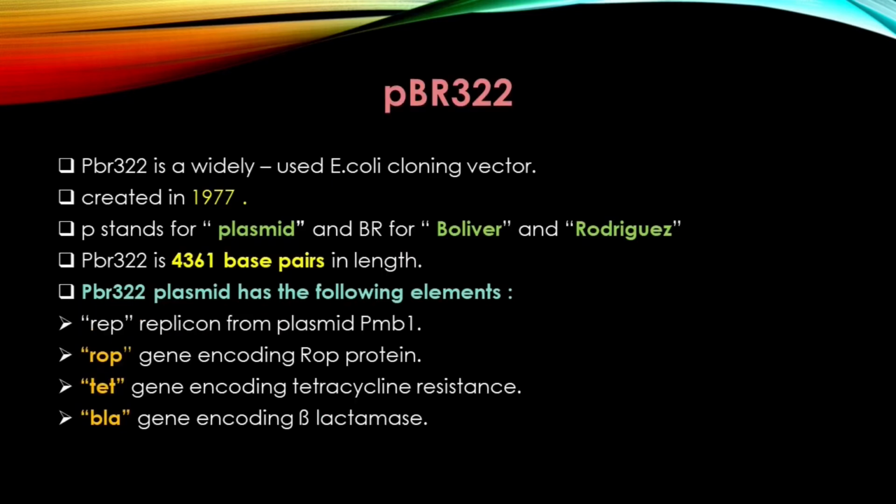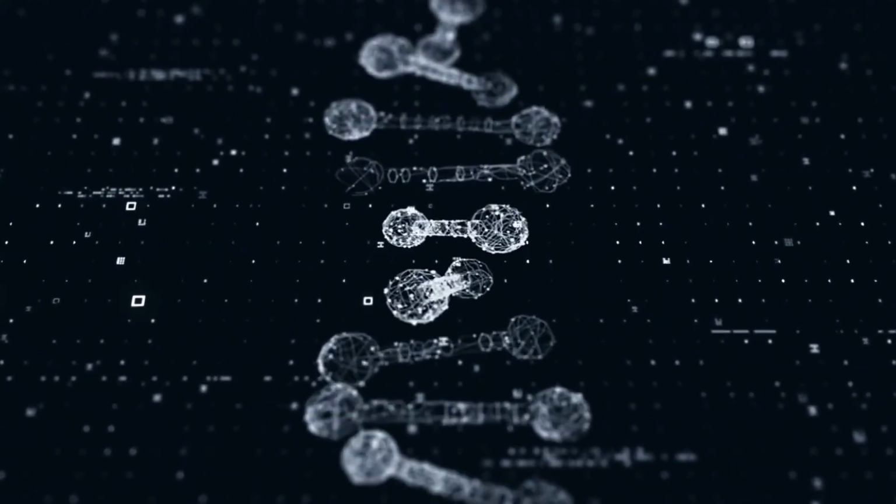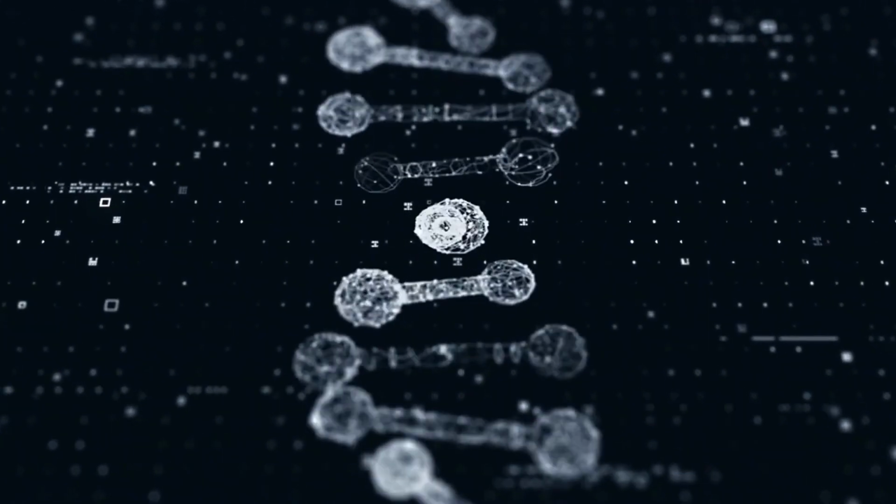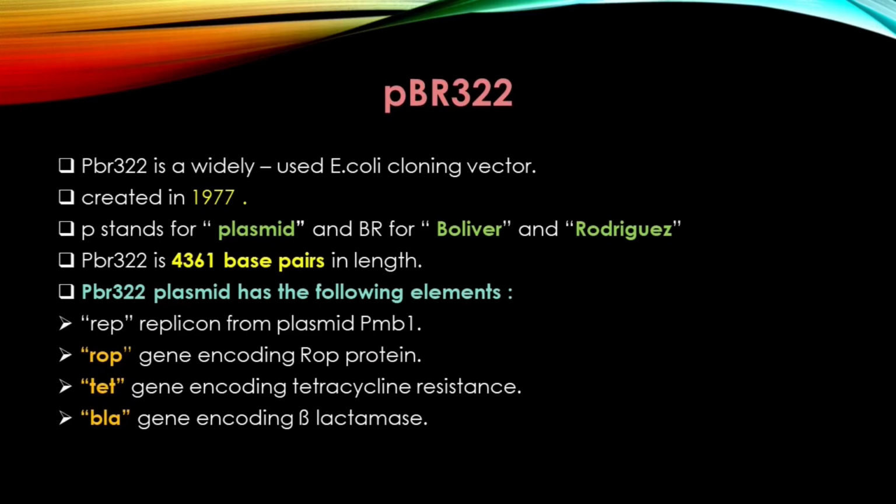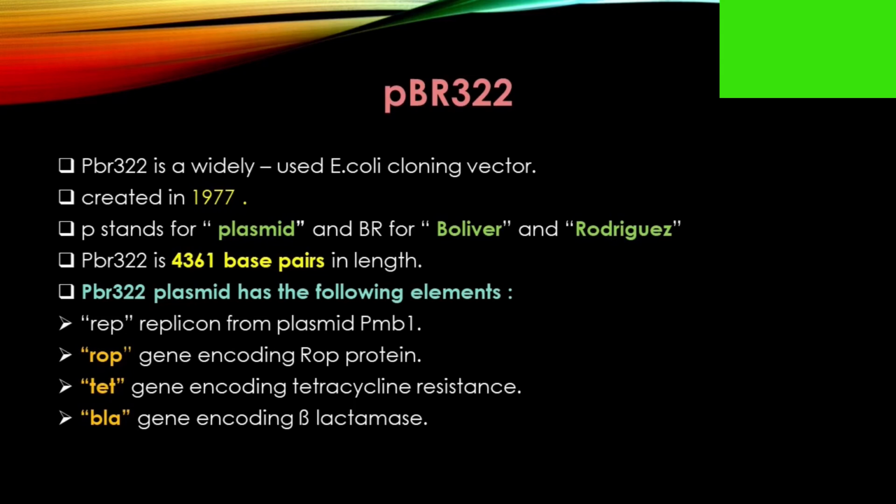Then the pBR322 vector. It is a widely used Escherichia coli cloning vector, and it was created in 1977. And in pBR322, the p stands for plasmid and BR stands for Bolivar and Rodriguez. And pBR322 is 4361 base pairs in length.